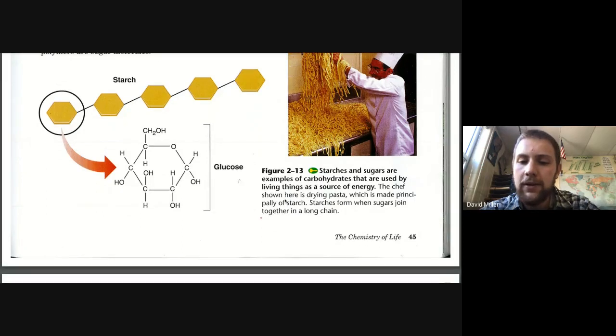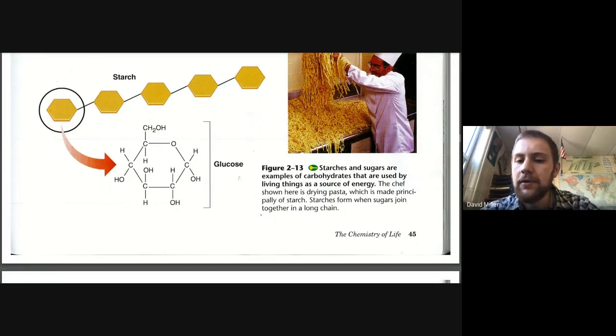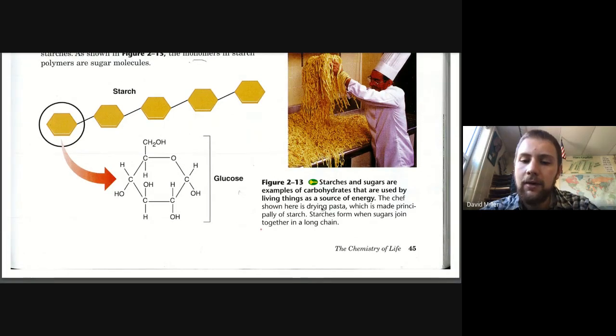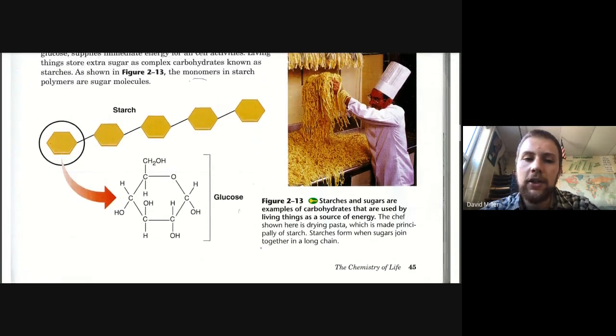Figure 2.13, starches and sugars are examples of carbohydrates that are used by living things as a source of energy. The chef shown here is drying pasta, which is made principally of starch. Starches form when sugars join together in a long chain.